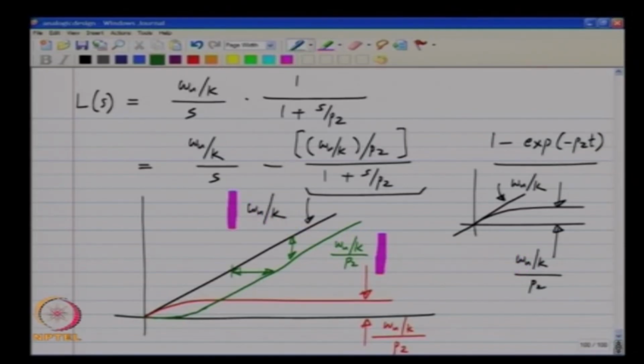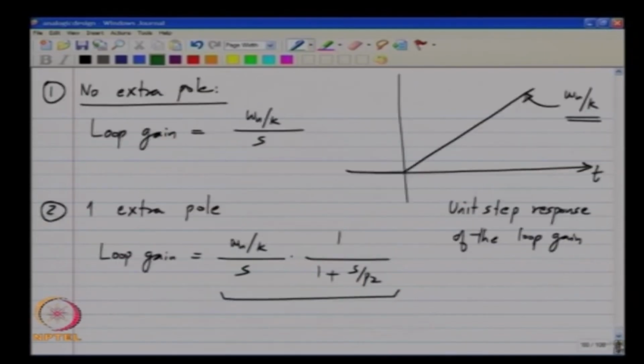So, the difference in the horizontal direction is nothing but 1 by P2. Okay. So, plotting it on this axis here, if I have an extra pole P2, I get a response which has some detail here which I am going to ignore for now, but in the long term is simply horizontally shifted compared to the ideal response, and the horizontal shift equals 1 by P2.